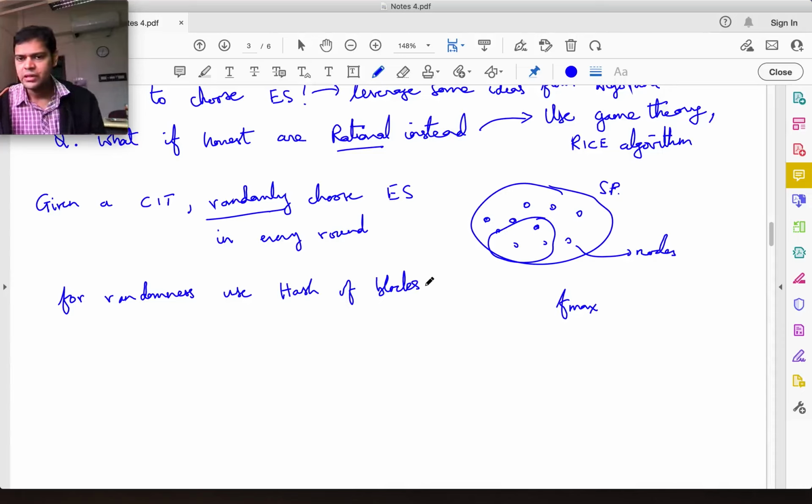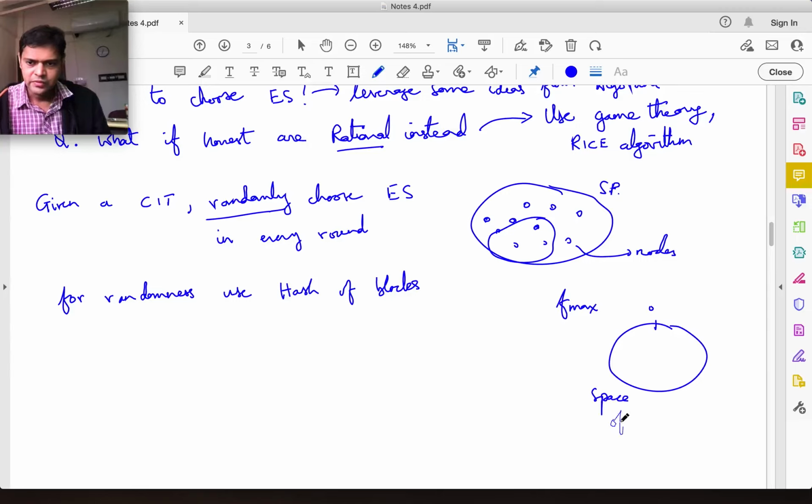Still, the range is quite large, from 0 to the threshold between which the hash of the block has to lie. Okay? So just a recap, if this is the space of hash values, we said that the block hash has to be less than this threshold.